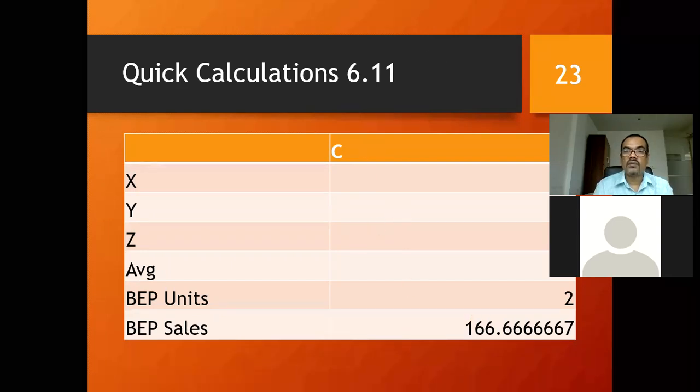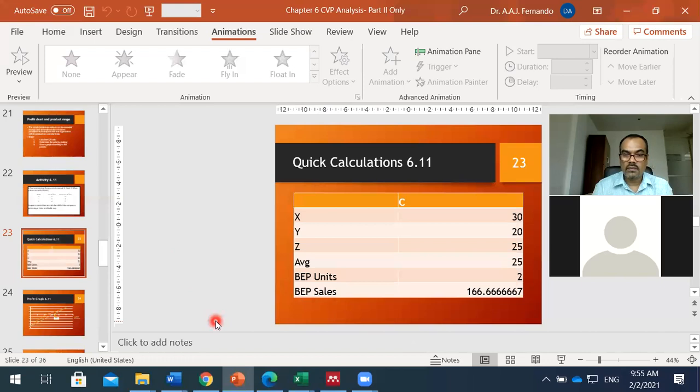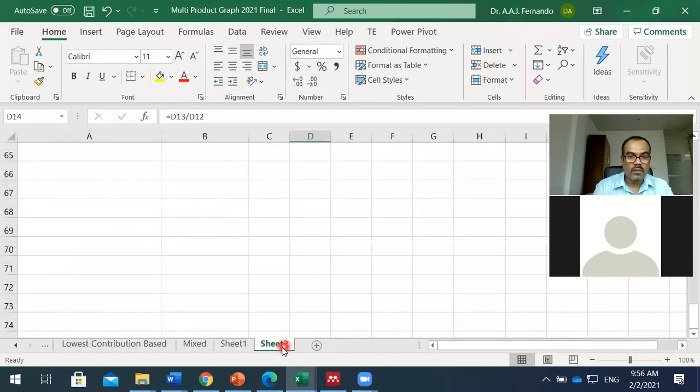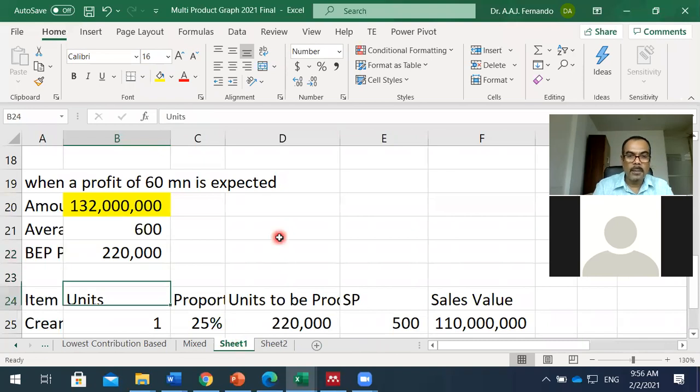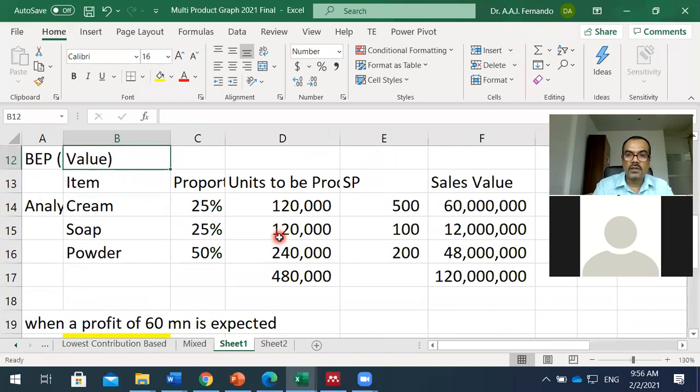I'll just show it to you. I think I did this calculation. Break-even sales, you can multiply it by the average selling price. One minute. So did I do it?